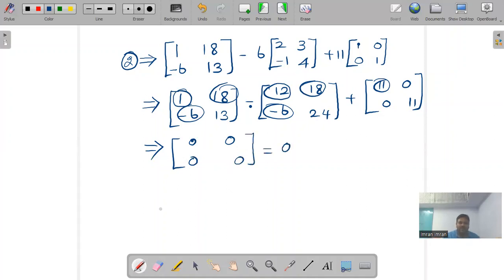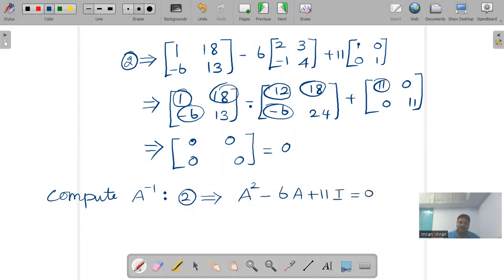Using this Cayley-Hamilton equation, compute A inverse. How to compute A inverse? Let us take equation number 2, which is A square minus 6 into A plus 11 into I equal to 0. Multiply this equation by A inverse.